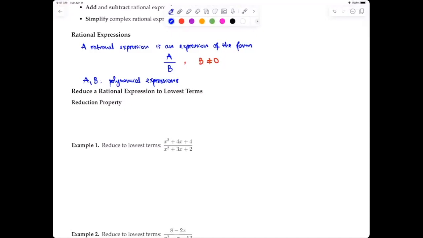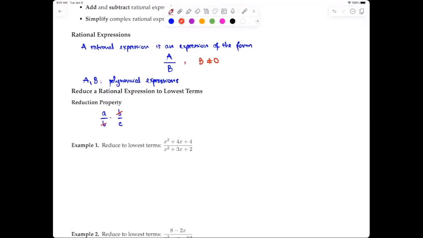Now, the next thing that we want to cover is how to reduce rational expressions. If I have this reduction property, A over B times B over C, you can do cancellation like this.